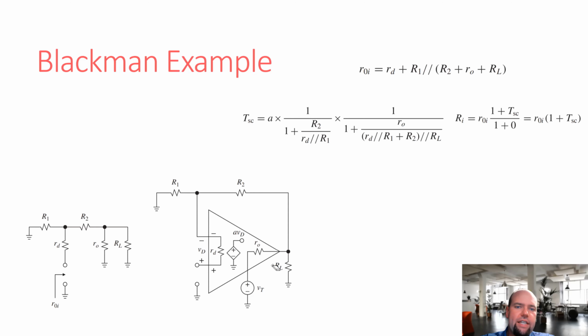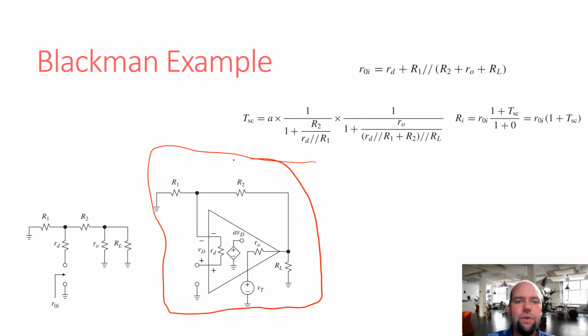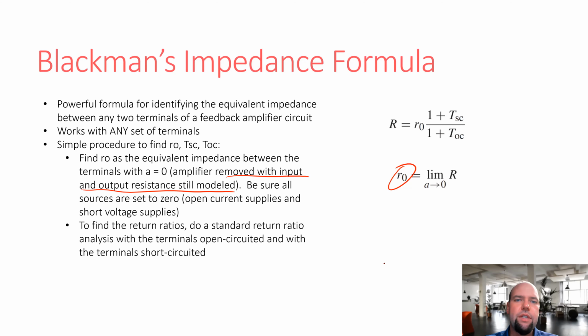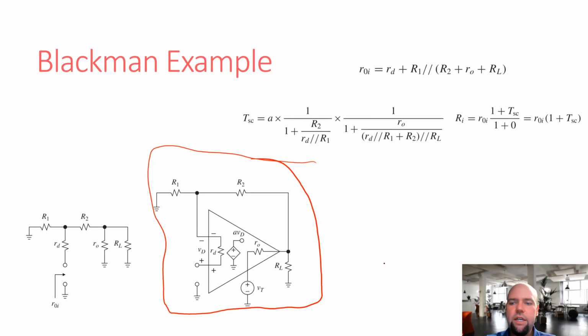Okay, so looking at this, it's kind of already drawn. What circuit is this? This is the non-inverting amplifier circuit. Doing an analysis with Blackman's equation, as it's sometimes called, on this standard case of the non-inverting amplifier, first of all, we can find the R naught.